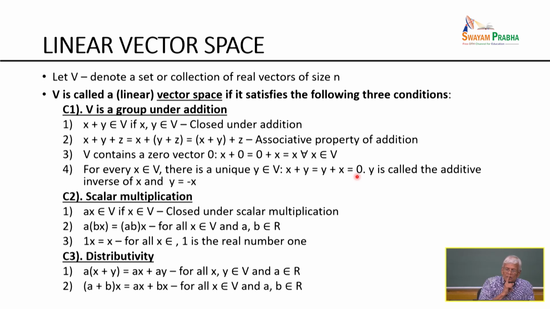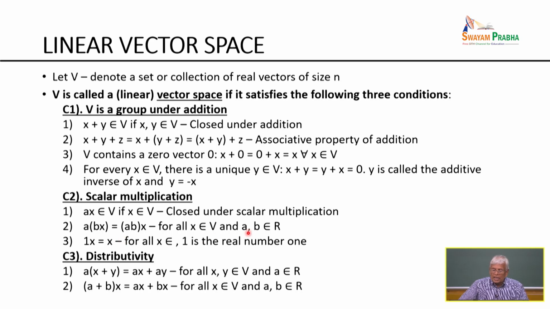Secondly, the first one deals only with addition. The second one is going to deal with scalar multiplication. If I take any element x of V and any real a, then ax also belongs to V. That means that the space is closed under scalar multiplication.